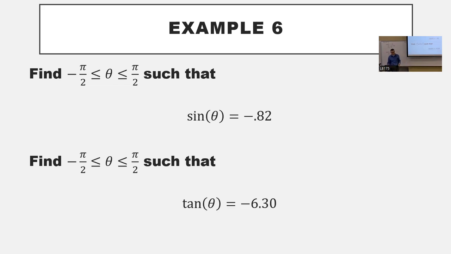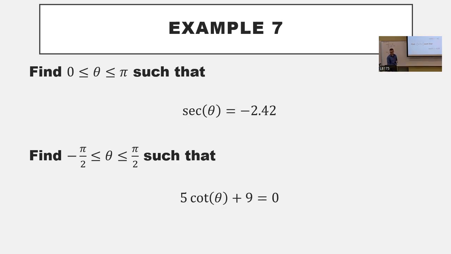Essentially, we've isolated the sine of theta or the tangent of theta or the cosine of theta, and then we hit both sides with inverse functions. Now, if we have one of our other trig functions, something like secant.